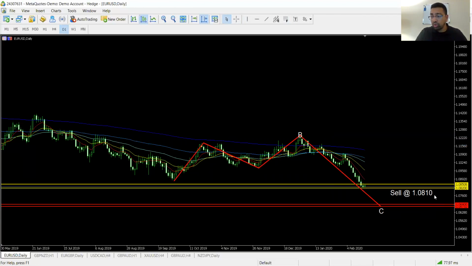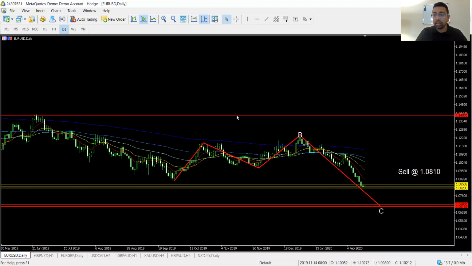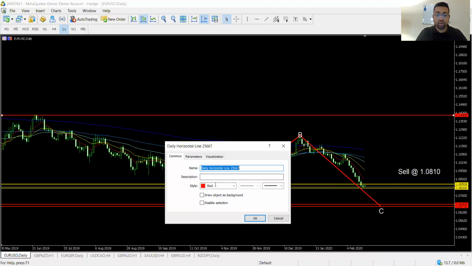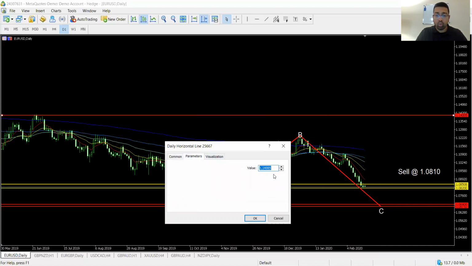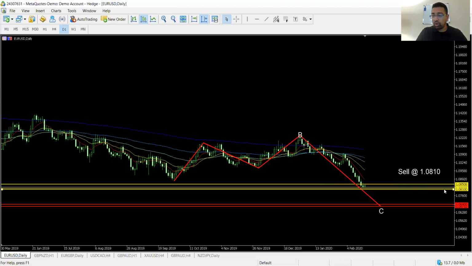So now if I were to enter, let me just adjust the price as well. Okay, give me a second. So 1.0810, I'll just have a yellow line as well to mark your entry price. 1.0810. There you go. So I'll just mark that through. Now you've got 1.0810, your entry price right there.